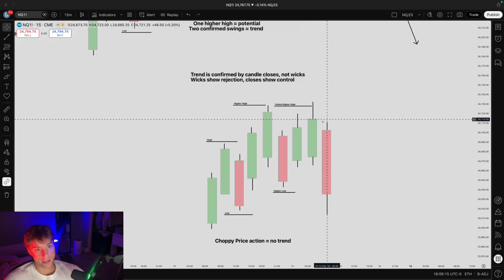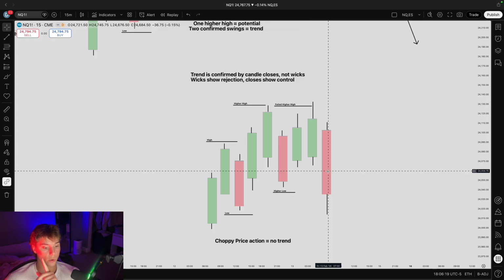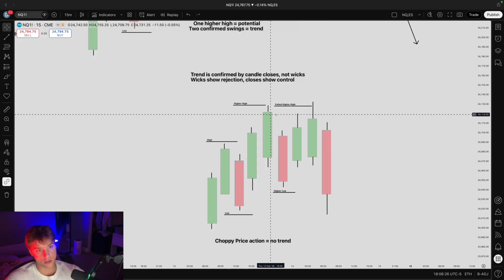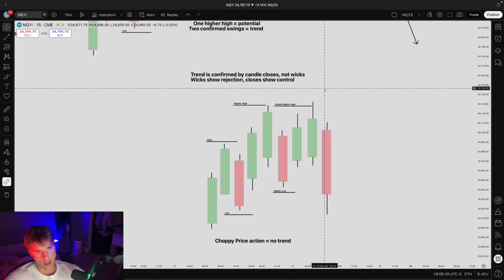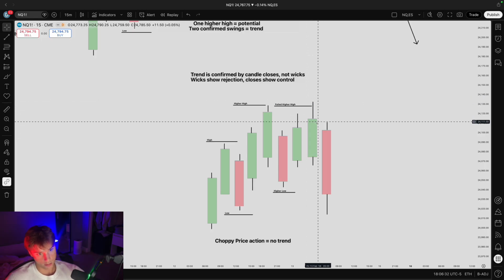So here you might be thinking this is going to be a new higher high and you're waiting for a higher low. That's where you can easily be tricked. You need to wait for the bodies to close above the higher highs to make another higher high. As you can see here, we have a failed higher high because only the wick goes above.